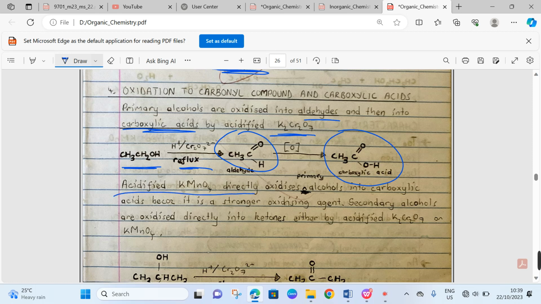Acidified potassium manganate oxidizes primary alcohols directly into carboxylic acids because it is a stronger oxidizing agent. I hope you understand. So if you use KMnO4, this stage here becomes eliminated, and you produce your carboxylic acid right away. Secondary alcohols, on the other hand, are oxidized directly into ketones by either of the two oxidizing agents.